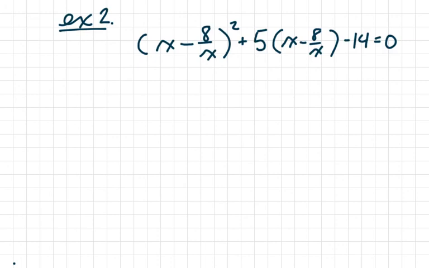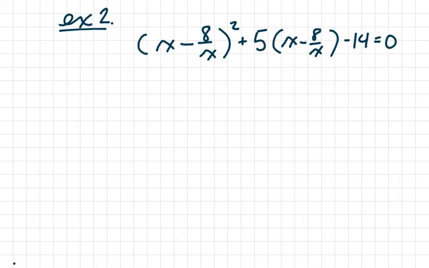Okay, we have x minus 8 over x squared plus 5 times x minus 8 over x minus 14. And this is even a simpler example, because here we have something, and here it's being raised to the second power, here it's being raised to the first power.